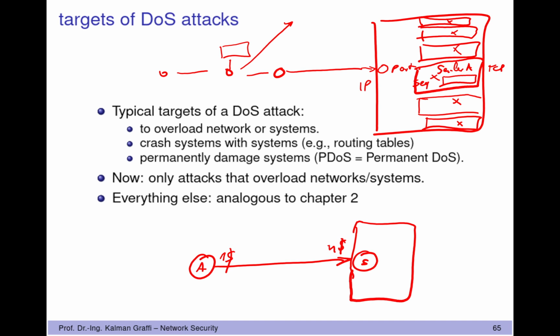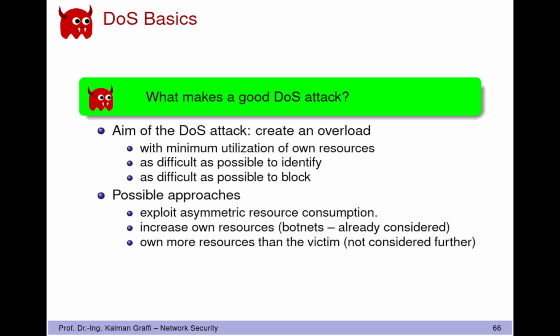If it were one-to-one, then you do not win anything, because what you lose, the other loses as well. So it's a stalemate and not really worth it. So the question will be: how do you create an overload with the minimum utilization of your own resources that is difficult to identify and difficult to block?